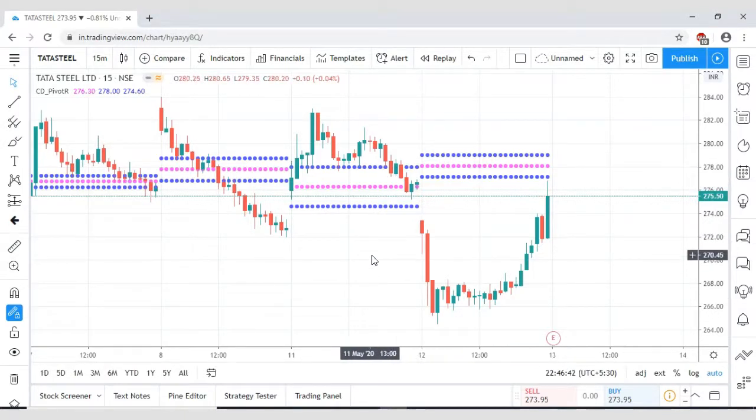And if you apply moving averages, or any Fibonacci levels, or Ichimoku on this, you can trade much better also. Going forward I'll be showing you all those things as well.